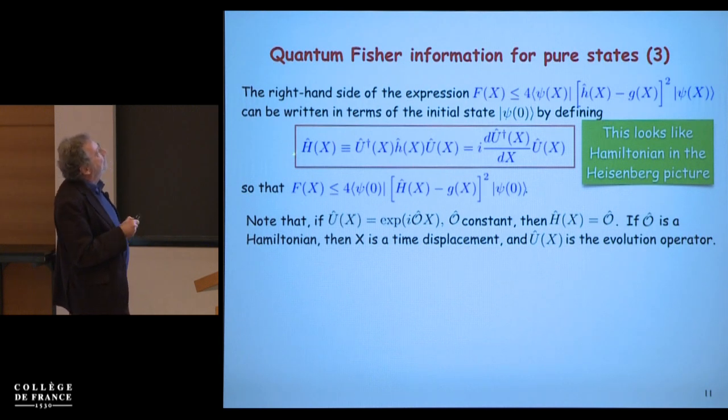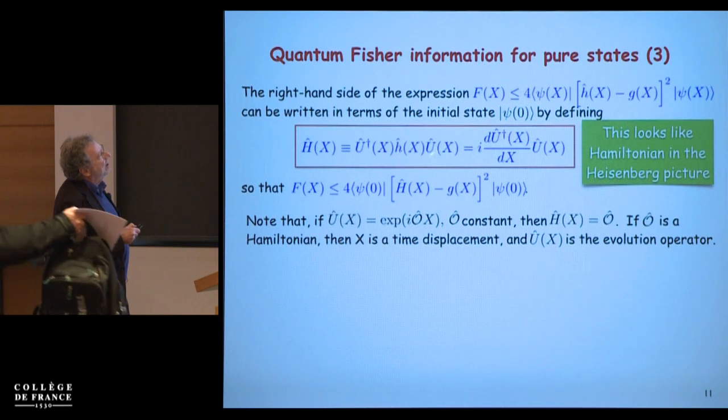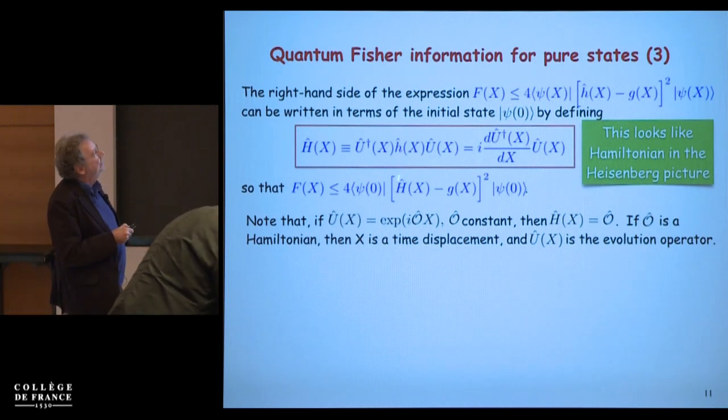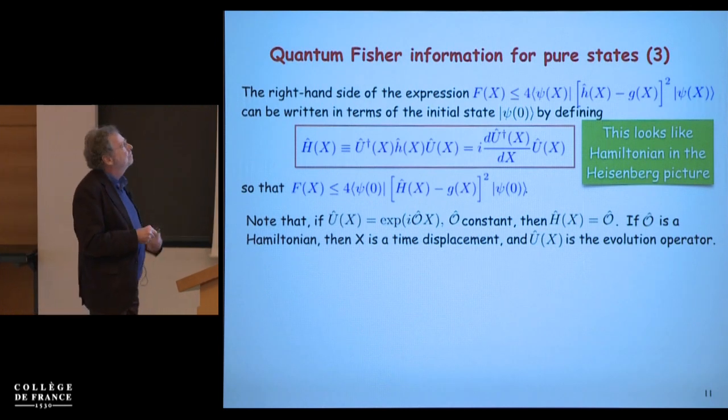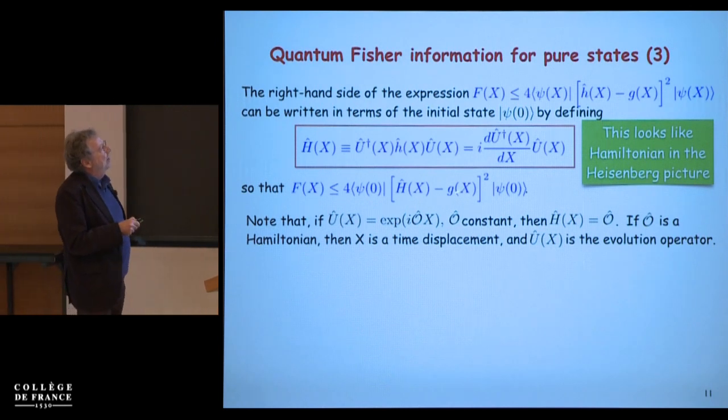And we do that by defining this operator here, which depends on the former operator h. This is like the Hamiltonian in the Heisenberg picture, you see? It's just the former h of x sandwiched between these two evolution operators. So since it's a Heisenberg-like operator, you can express this average in terms of an average using the initial states. And now, I leave to you to show that it's very simple.